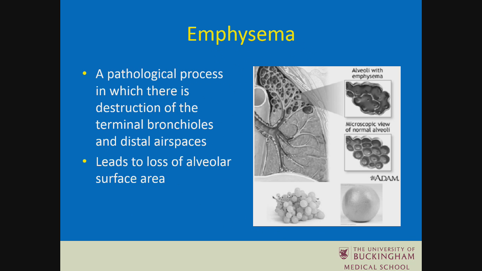And these air spaces could be more than, say, a few millimeters to up to huge, enormous bullae as big as 10 or 15 centimeters across. So essentially, the lung starts to look, if you've seen a gross specimen, like a bath sponge instead of foam. And that's how I tell my patients. I don't have a bath sponge in clinic to demonstrate, but that's how it starts to look.